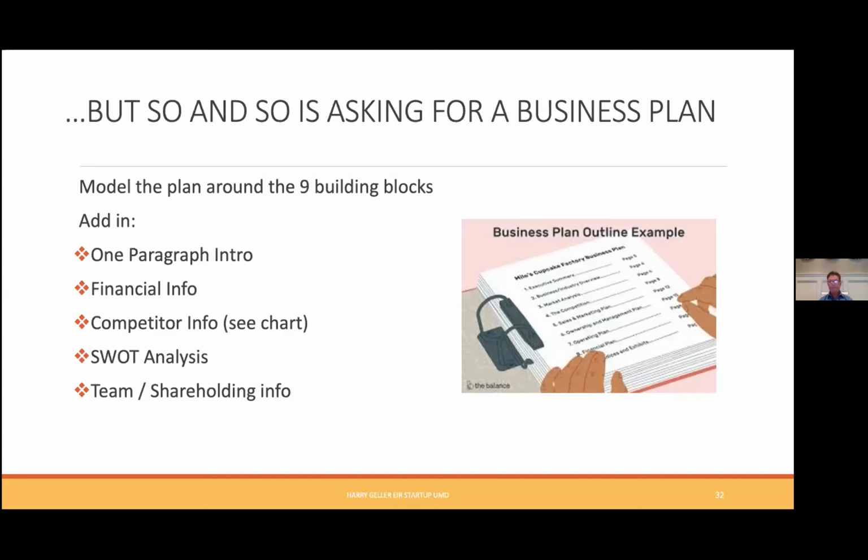Thank you. Another question, how in depth should the financial information be? Well, financial information is a projection. So I always say, keep it at a fairly high level, but certainly make it defendable. Don't put assumptions that are just absurd, because you'll get dismissed outright.